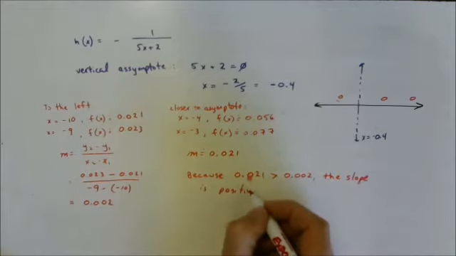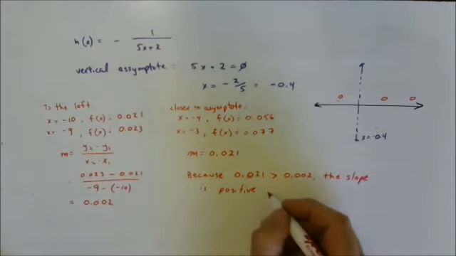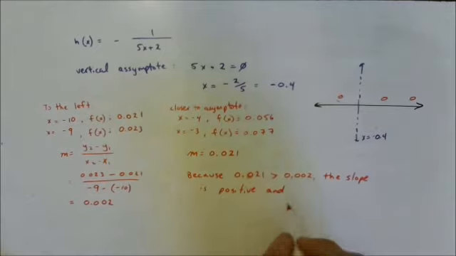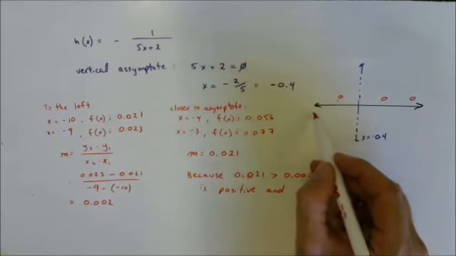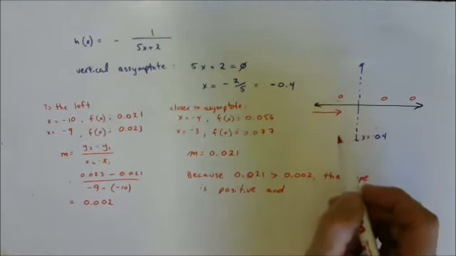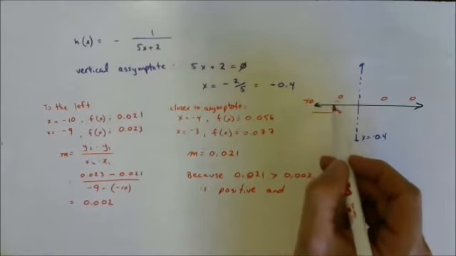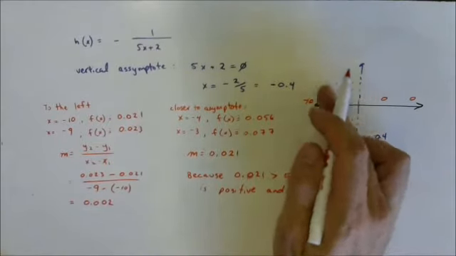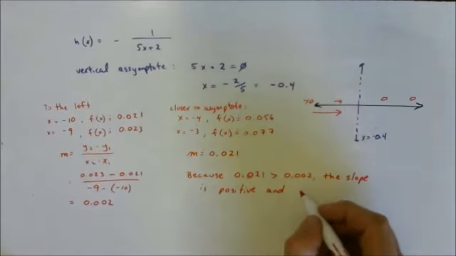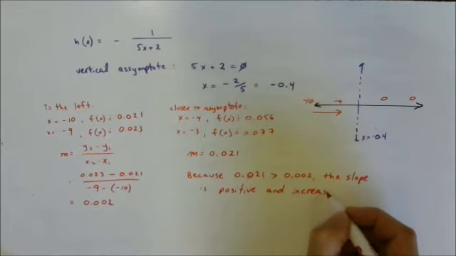Okay, we get that from getting two positive numbers. But we also know that as we're looking, this is why we're going to read our points left to right. So we started down here at -10, and then we went to -4 so that we could read it left to right. The slope is increasing. It's positive and increasing.